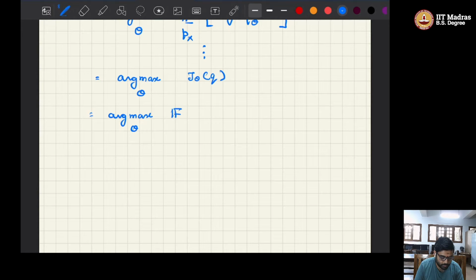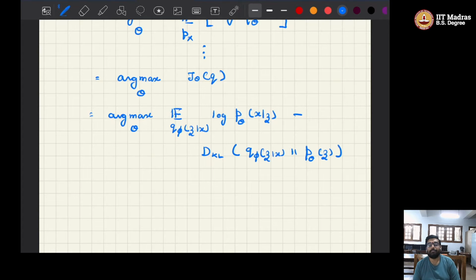Just for remembrance, this is the argmax of theta of the expectation over the variational latent posterior, that is q phi of z given x, of log of p theta of x given z, minus the KL divergence between the latent posterior, that is q phi of z given x, and the latent prior, which is p theta of z.